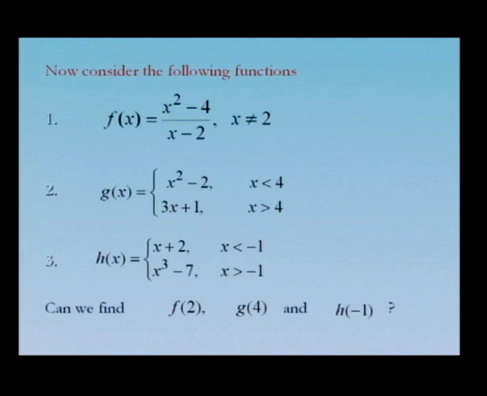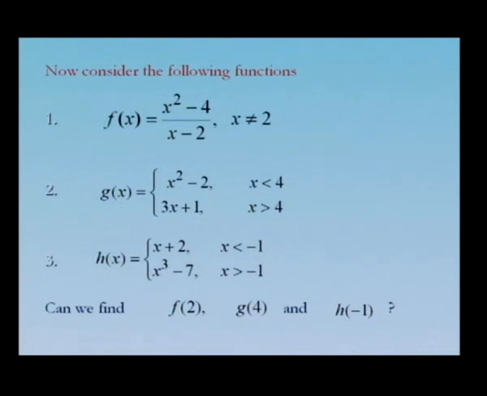Now let us take some real valued functions. The function f(x) equals (x square minus 4) upon (x minus 2), x is not equal to 2. g(x) equals x square minus 2 when x is less than 4, 3x plus 1 when x is greater than 4, and h(x) equals x plus 2 when x is less than minus 1, and x cube minus 7 when x is greater than minus 1.